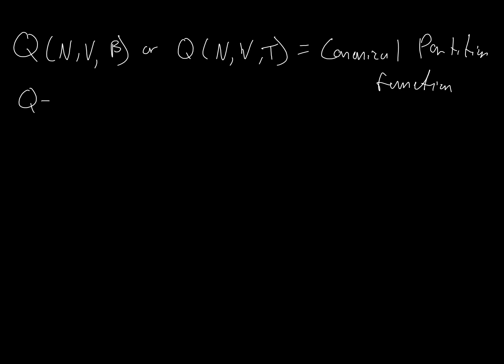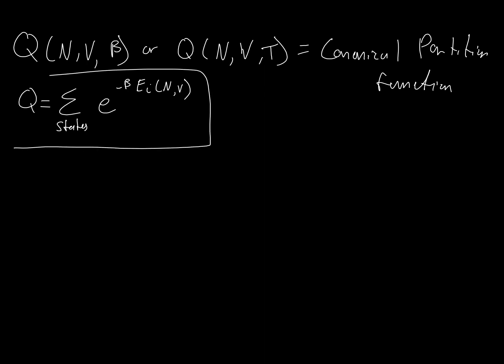And we write it as Q is equal to the summation. So now we can write the probability of any system, I'm just trying to use E alpha so we don't have to say whether it's A or B.